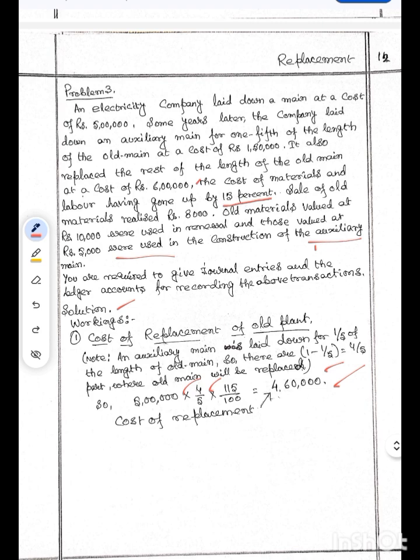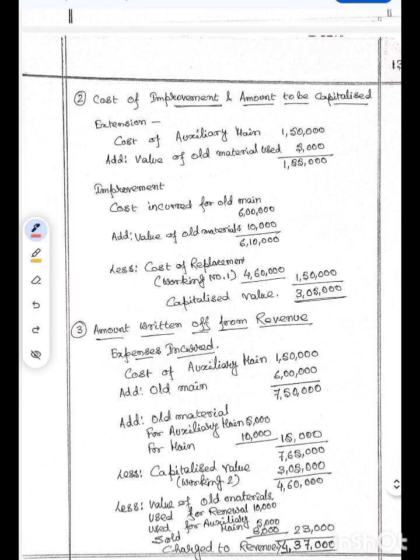Okay, next. There are two parts. One is cost of improvement and amount to be capitalized. The extension cost of auxiliary main 1,50,000 that is given, and value of own material used, that is 5,000. So total 1,55,000. And next come to improvement. Improvement means that old plant was reconstructed.